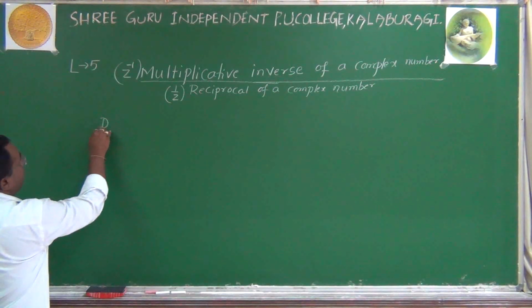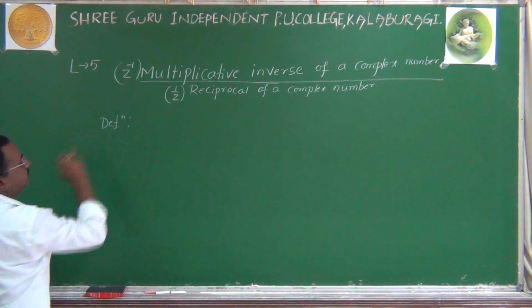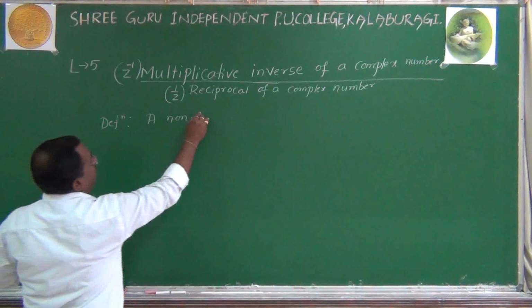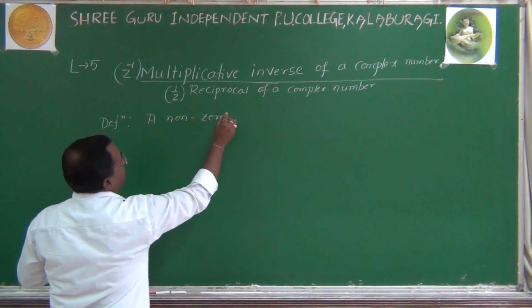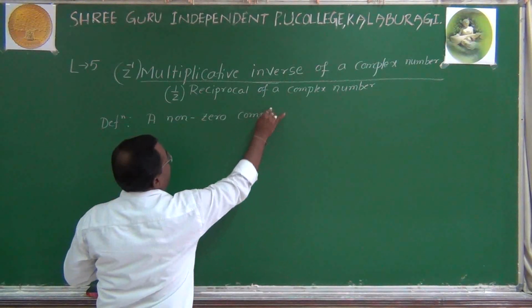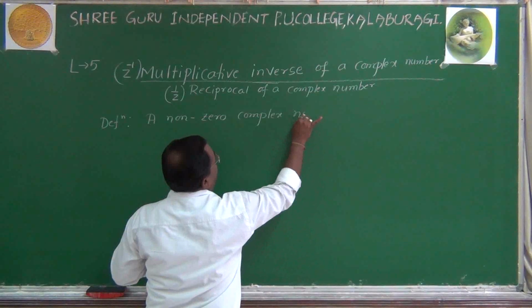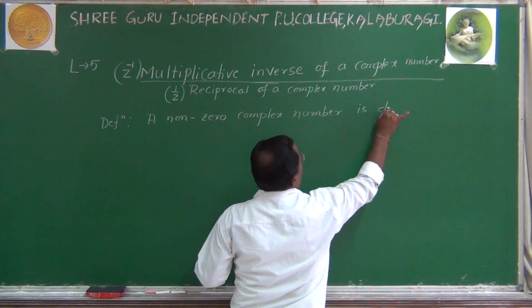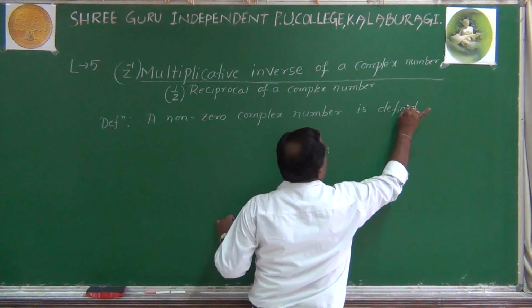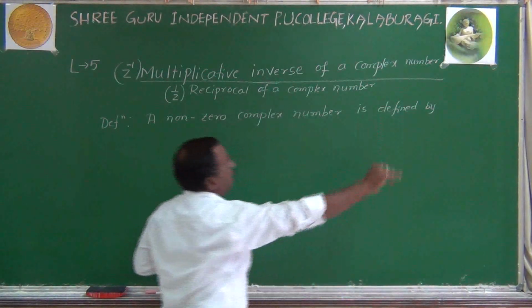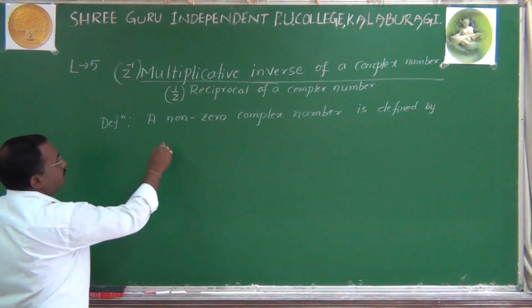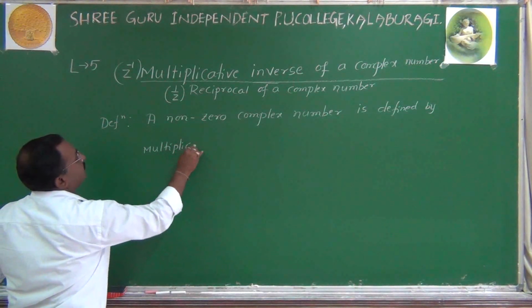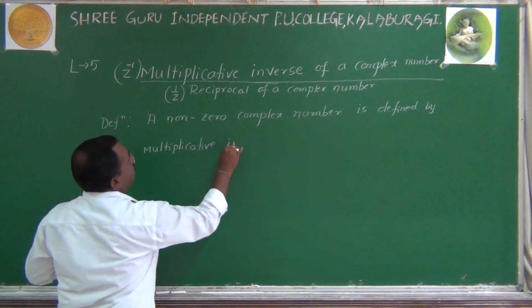Definition: a non-zero complex number is defined by multiplicative inverse.